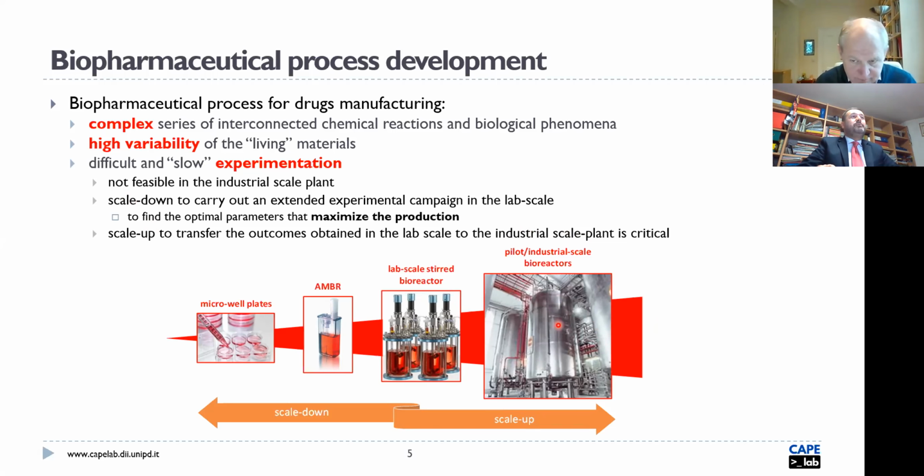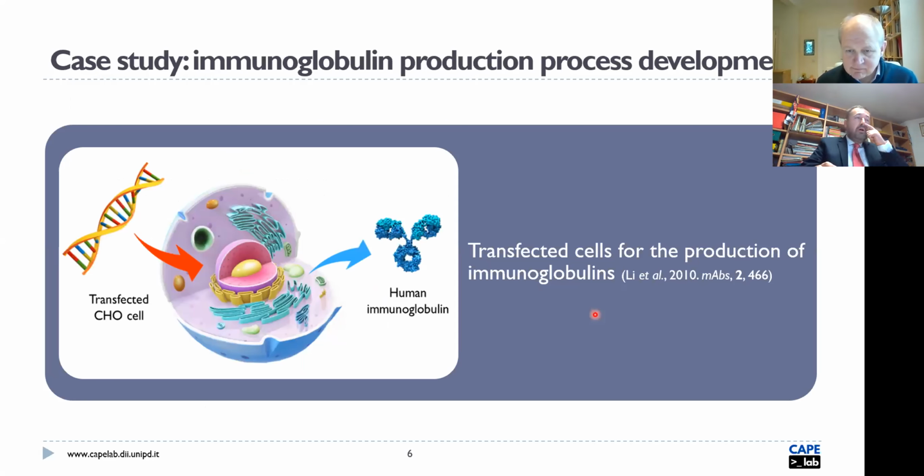So the experimentation is difficult and slow because we have to scale down the process, and then in the lab scale we can optimize the parameters in such a way as to maximize the production, and then there is a slow scale up through dozens of passages, and all these passages are critical to return to the commercial scale production plant. Today, I will show you one example in the development of a process for the production of immunoglobulin.